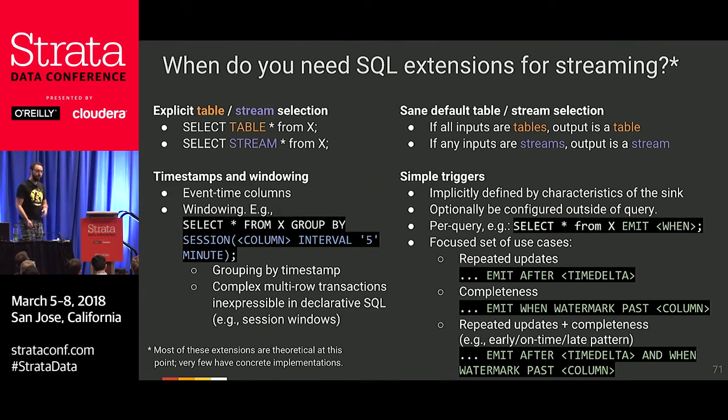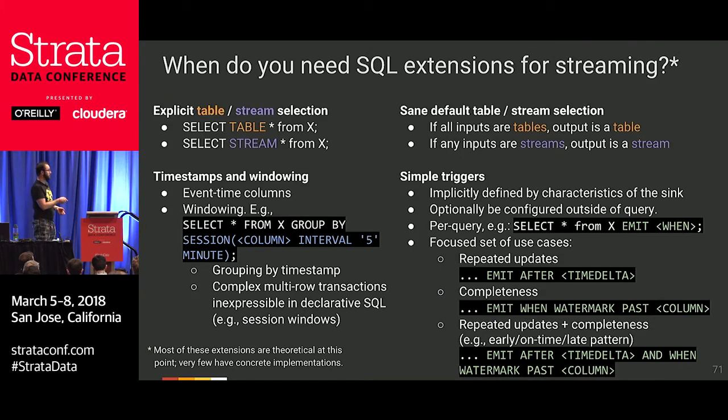When you're dealing with streaming data, there are some extensions that do make sense. So timestamps and windowing. Often you want to deal with things within windows, right? You can do basic windowing in SQL. You can just mod a timestamp and do fixed windowing, essentially. But if you want to do anything fancier, like sessions, where you've got these dynamically growing, data-driven windows, I don't know how to express that in declarative SQL. If anyone here knows how, I'd love to hear it, but I don't think you can.